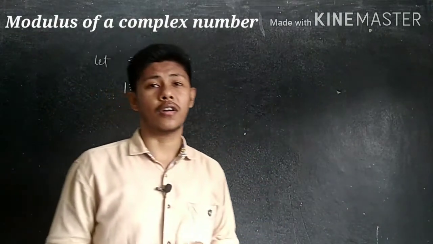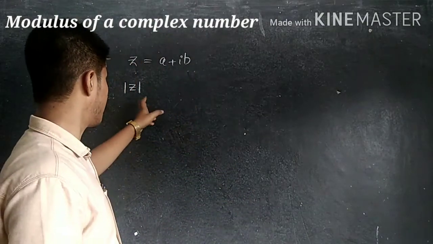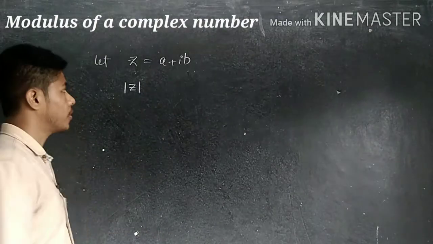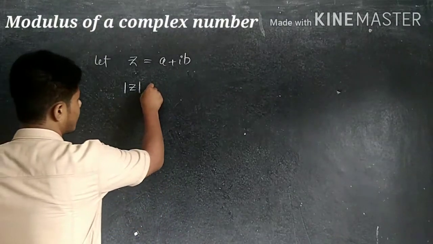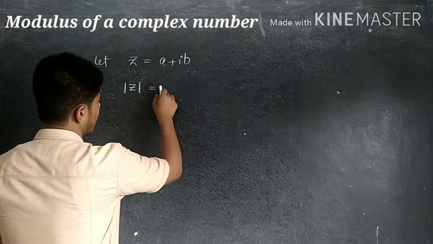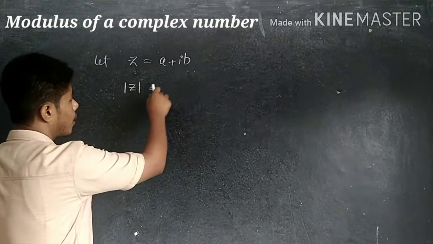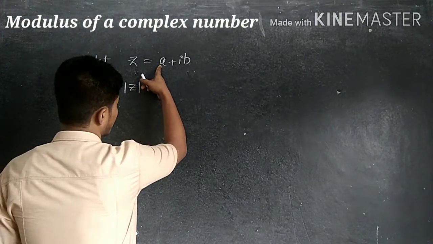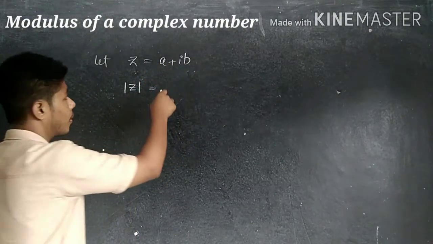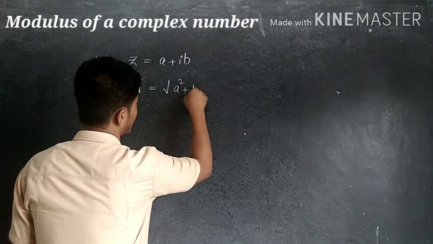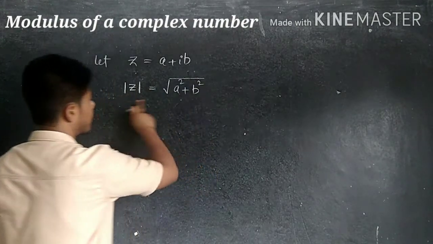Simply, the modulus of z equals, the formula is like this: if z is a plus ib, then we write the real part squared and the imaginary part squared. So simply we write root over a square plus b square. This is the general form.